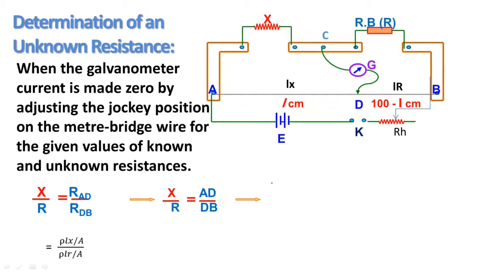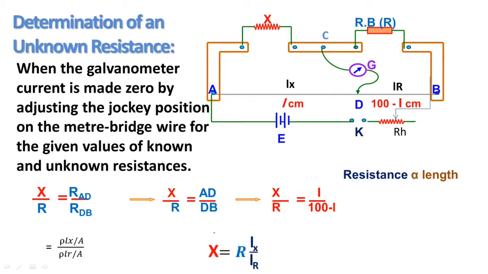Therefore, we can write X upon R is equal to L upon 100 minus L, as the resistance is directly proportional to length. And therefore, we have the equation X upon R is equal to Lx upon Lr. For unknown X, X is equal to R into Lx upon Lr.